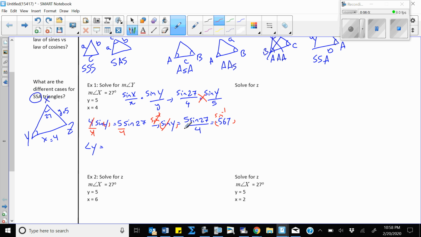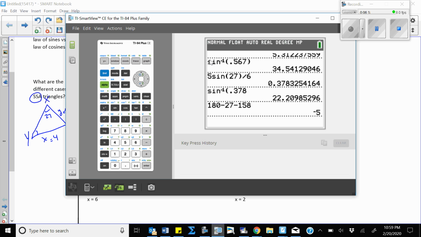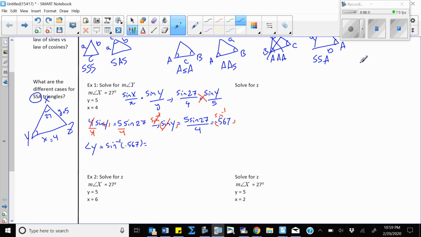So these two cancel each other, and then we're going to have Y equal to sine inverse of 0.567, which will be equal to, you see, sine inverse of 0.567 is 34 point something. I'm just going to round it to 35 to make our life a little bit easier here. So the angle Y is equal to 35.